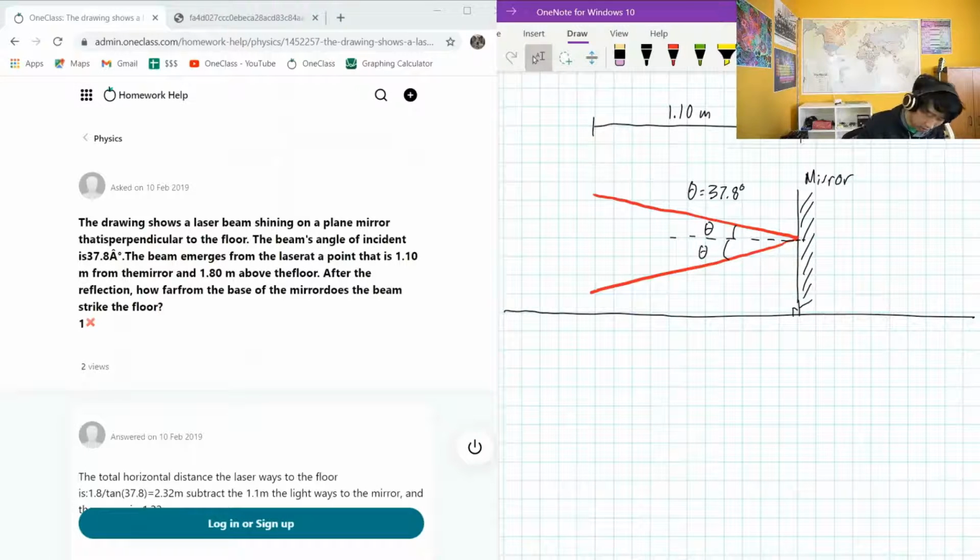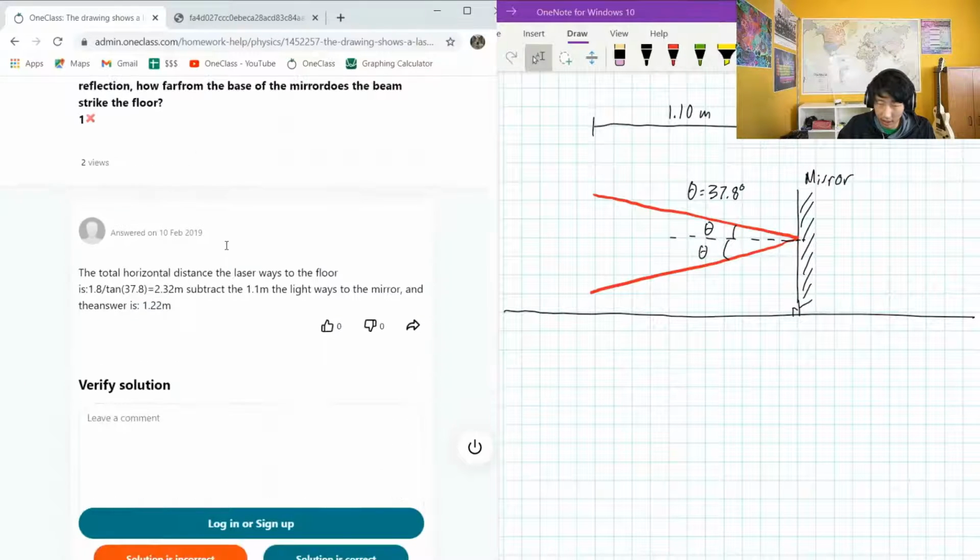Now it doesn't say if the laser is pointed down or pointed up. The question mentions that it originally came from a drawing, so the drawing would make that clear for us, but no such luck. We will need to make a guess and hope that it comes good.